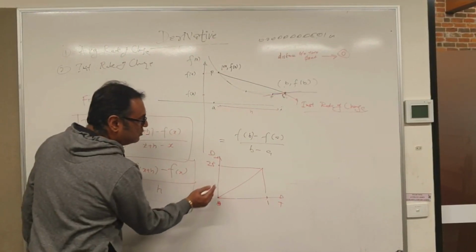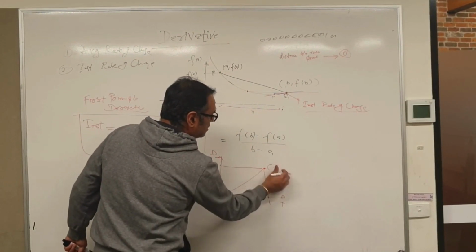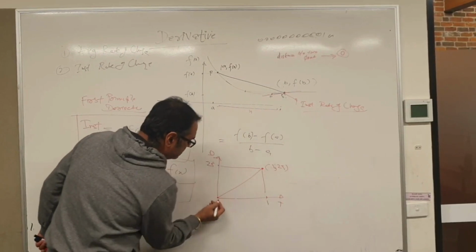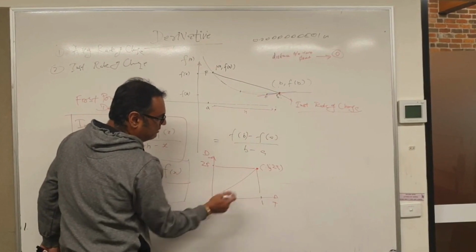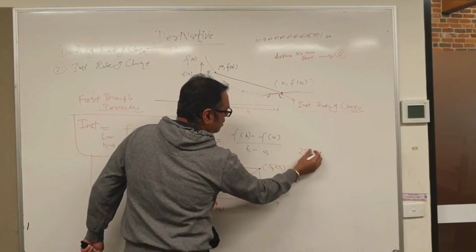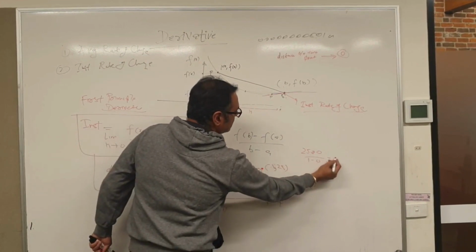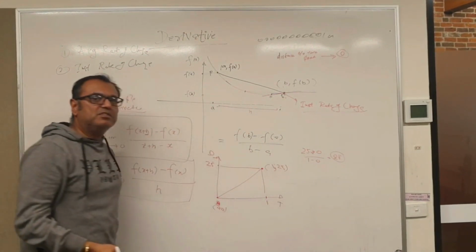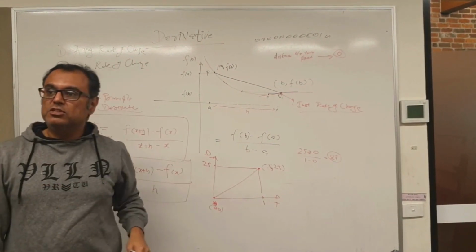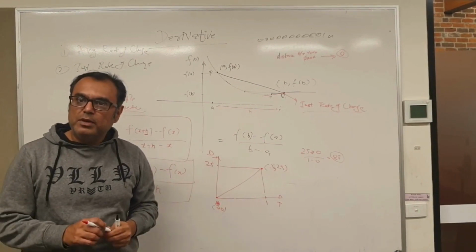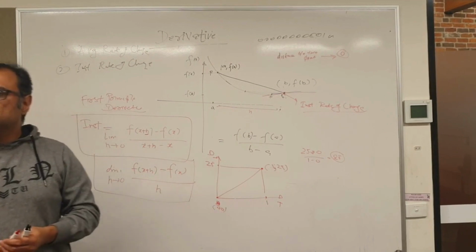So you'll say, okay, that's the first point, 1 comma 25, and that's the second point, 0 comma 0. So I'll say, okay, y2 minus y1, 25 minus 0, over x2 minus x1, 1 minus 0. The answer is 25. So 25 kilometers per hour was my average speed. I've calculated the average rate of change. Yes, Romel? But if I ask you, what was your instantaneous rate of change?